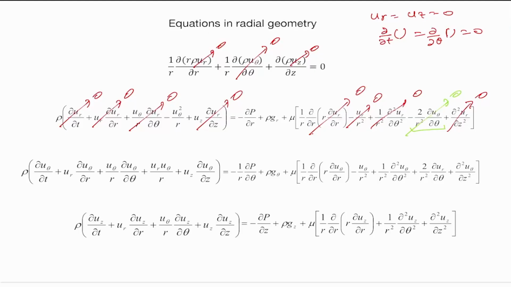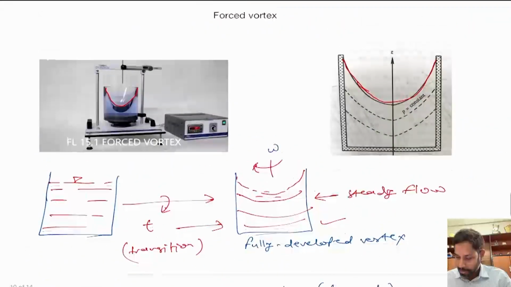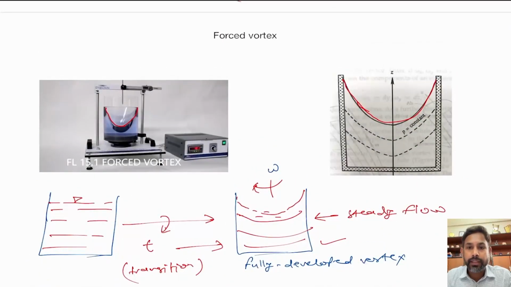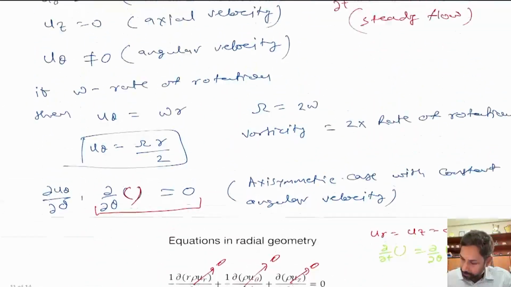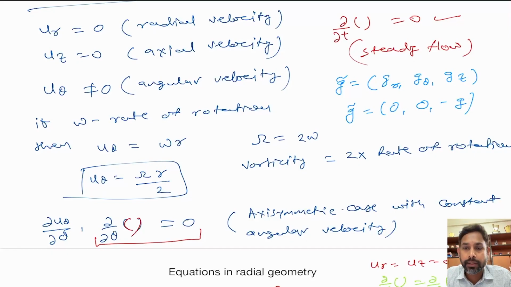Gravity is something that we haven't discussed yet, but looking at this flow, we can assume that gravity acts in the vertical direction and not in the horizontal direction. That is why if we define g as having components gr, g theta and gz, in this case we will assume 0, 0 and minus g, where z is going upward.